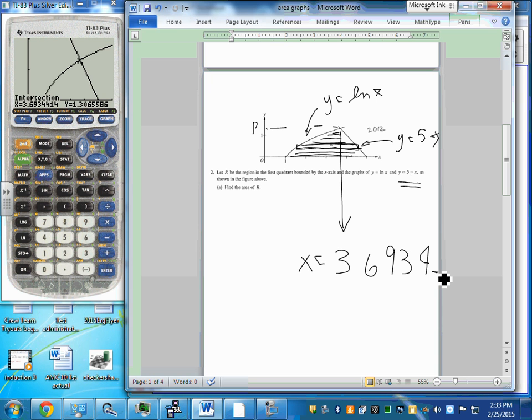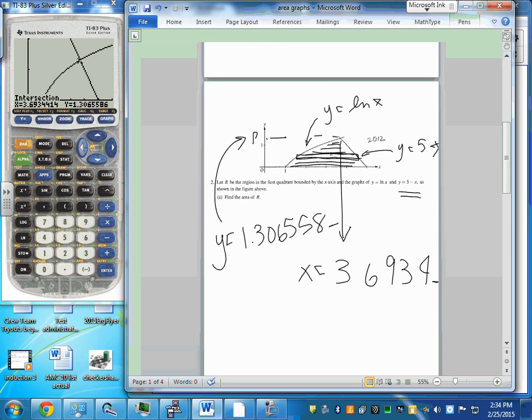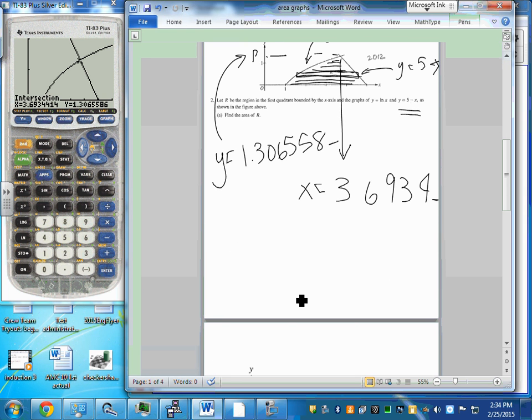And the y coordinate over here is going to be equal to 1.306558 and some change. Even though we're rounding answers to the nearest thousandth, for these preliminary calculations, it's always wise to put down more than the thousandth. So that's why I'm putting all these decimals down here.